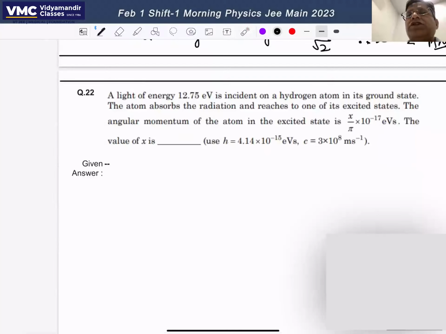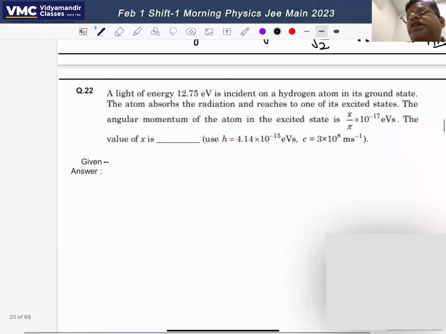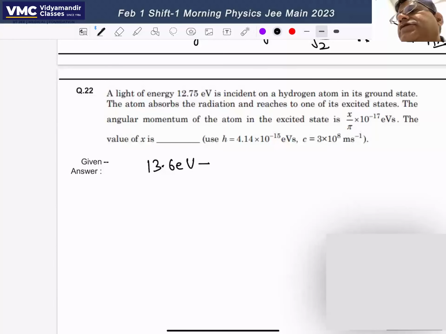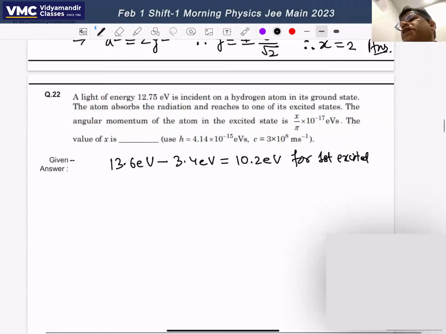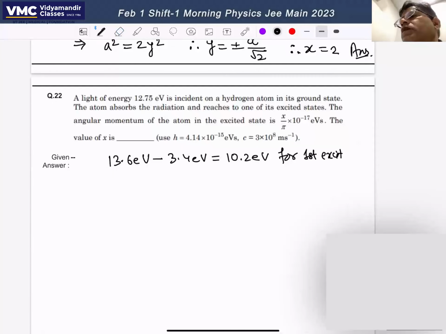So for this question, we see that ground state energy is 13.6 electron volt and first state energy is 3.4 electron volt. That difference is 10.2 electron volt for the first excited state. So for the first excited state electron, the energy needed is 10.2 electron volt.